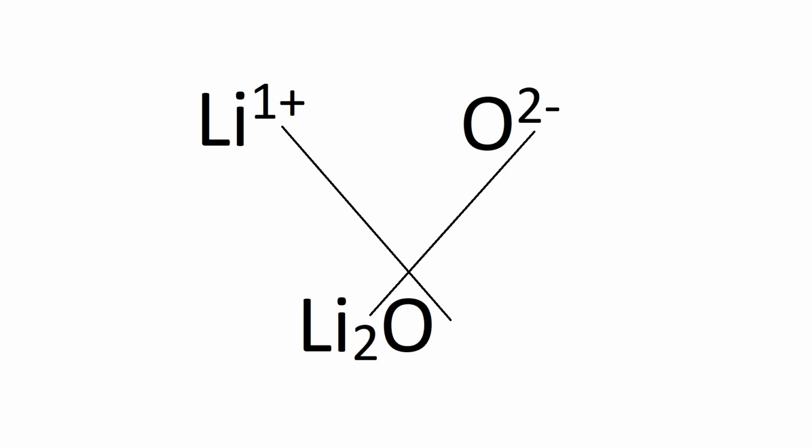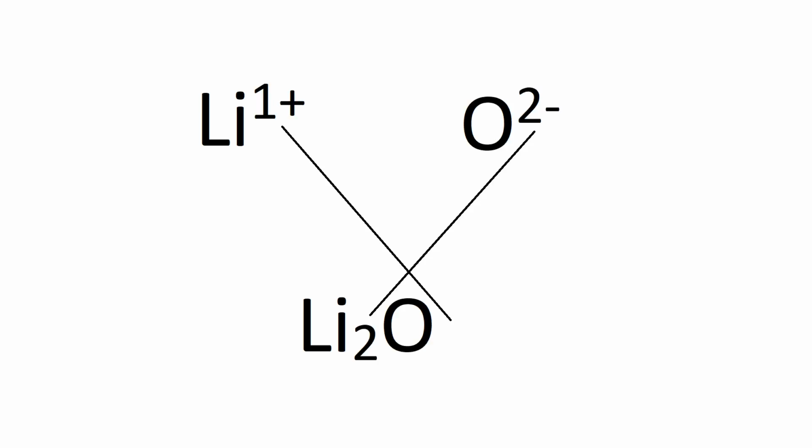And this is seen in this picture when you look at lithium and oxygen, and they do a crisscross where the exponent or charge of the element is crisscrossed to get the subscript for the other element when you're actually writing the formula.